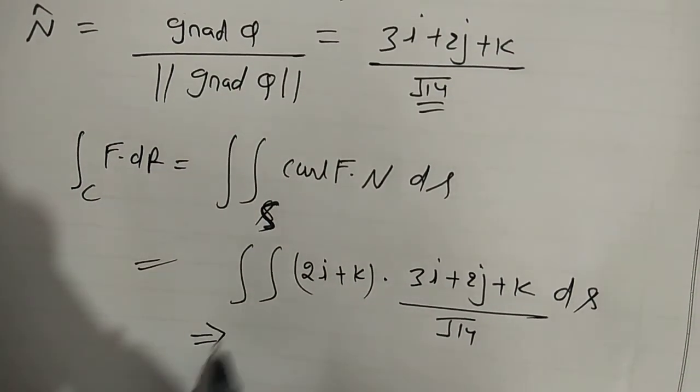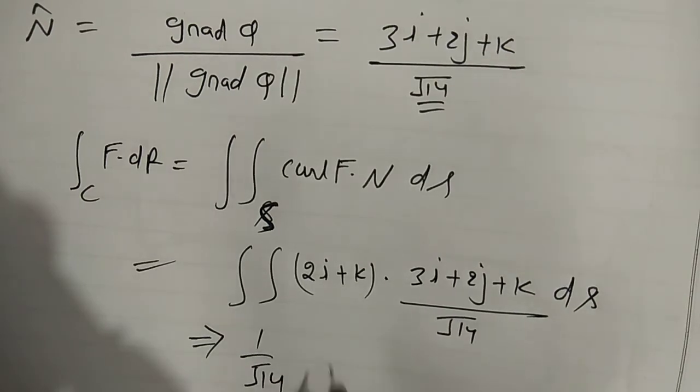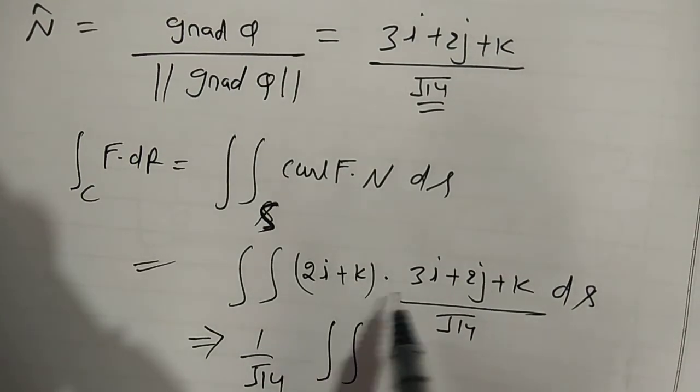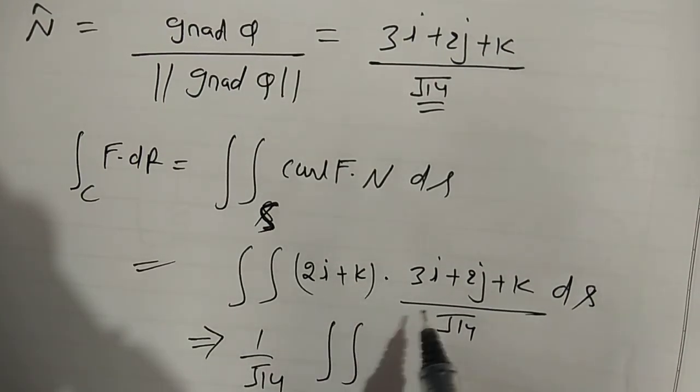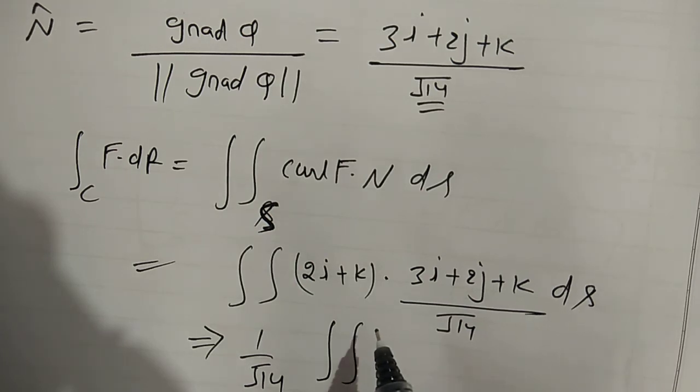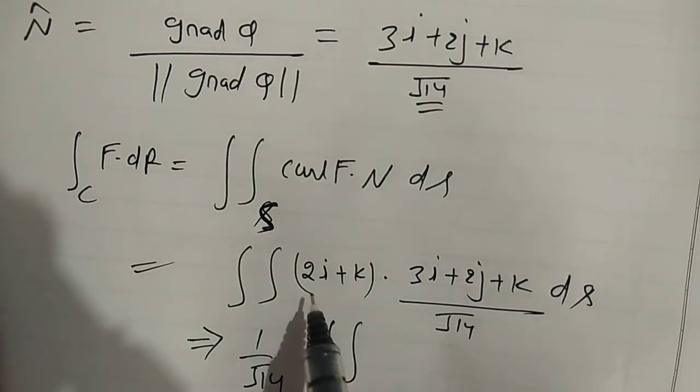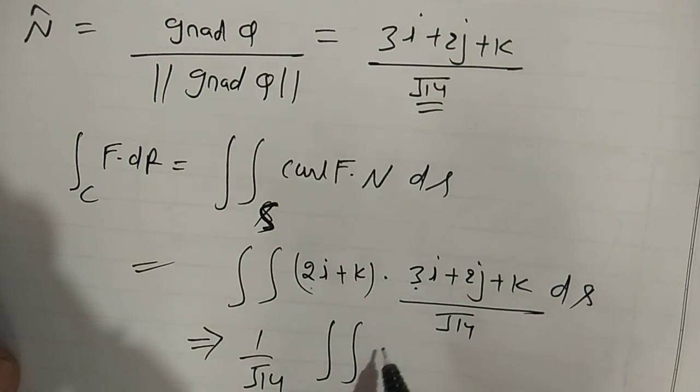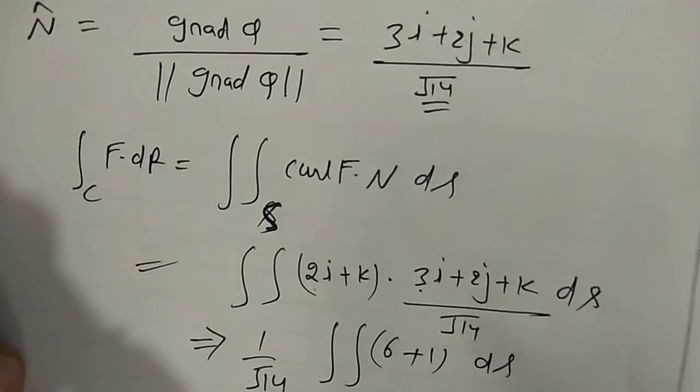So we get 1 upon root 14 and the double integral of 2 into 3, 6, plus 1, ds.